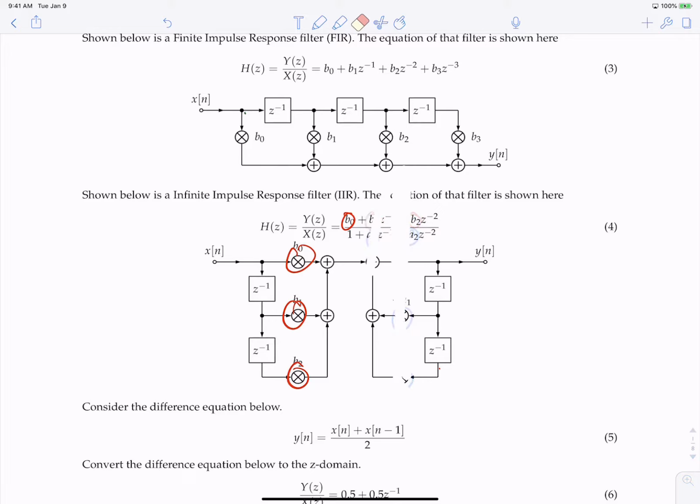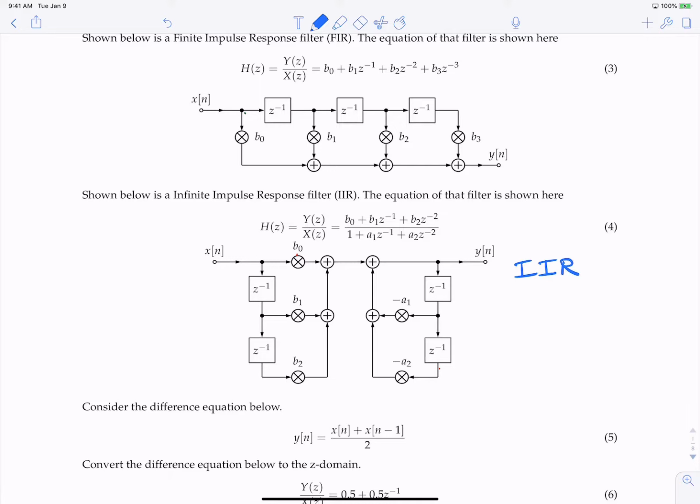Now, this type of structure where you're feeding back the output is commonly referred to as an IIR filter, which stands for Infinite Impulse Response Filter. These also have some pros compared to the FIR filter. For instance, you need a lot fewer delays and memories in this type of filter to achieve the same type of objective that a FIR filter would need.